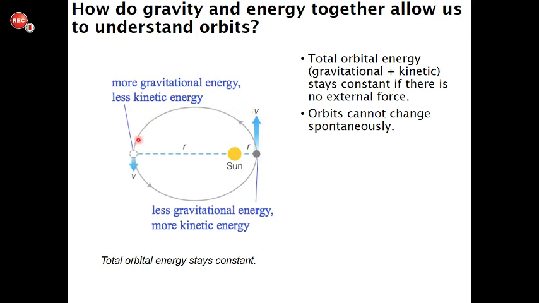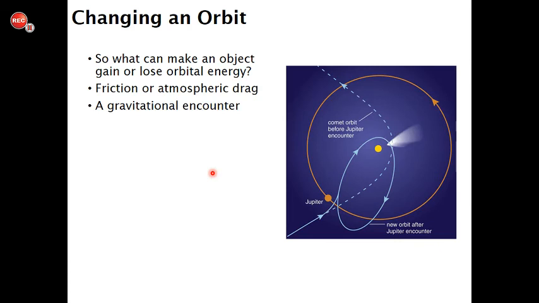And as it slows down, that energy has to go somewhere, and it's gravitational potential energy. And so the total energy, the gravitational plus the kinetic, is a constant. And that means orbits don't change. They're steady. Now, if they do change, that means there's an outside force, and we'll talk about that.